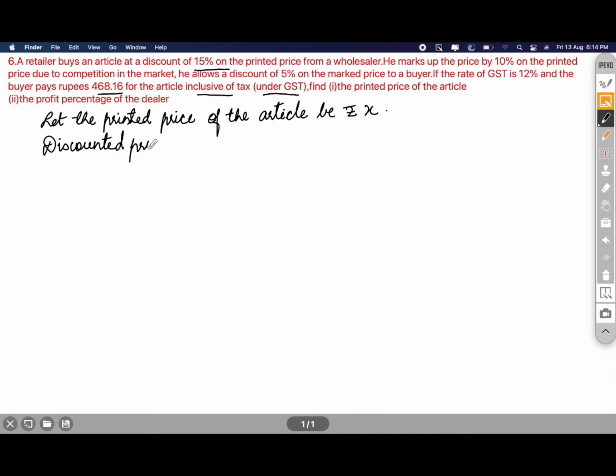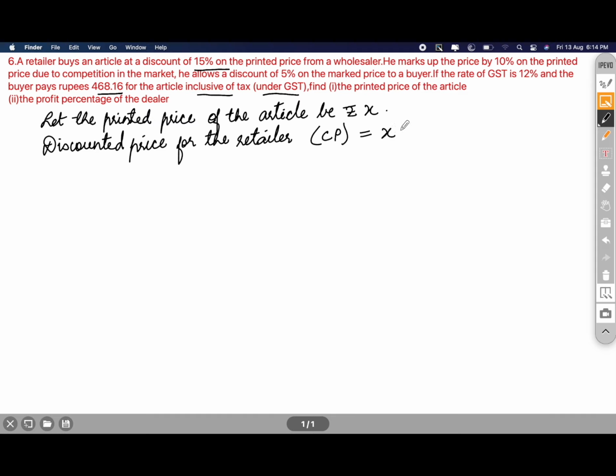So we will assume the printed price to be X. So let the printed price of the article be rupees X. Now discounted price for the dealer or retailer here in this question, I can write this as CP.